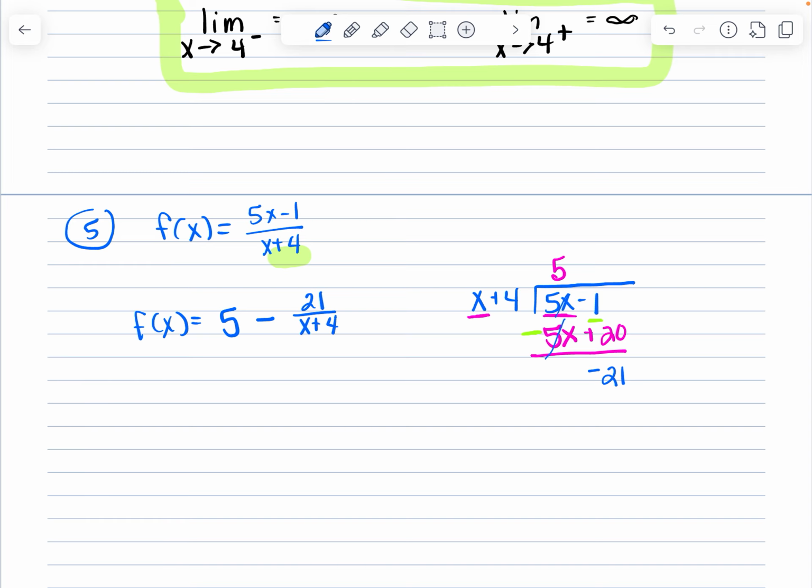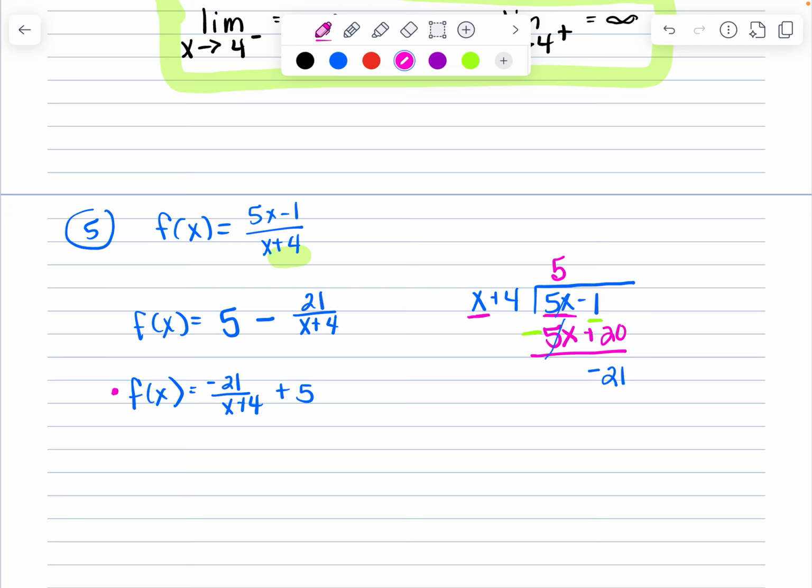Your remainder goes on top of what you're dividing by. Now, we actually saw it more along the lines of -21 over x plus 4, and then plus 5. That minus goes with the 21 because it's in front of it.